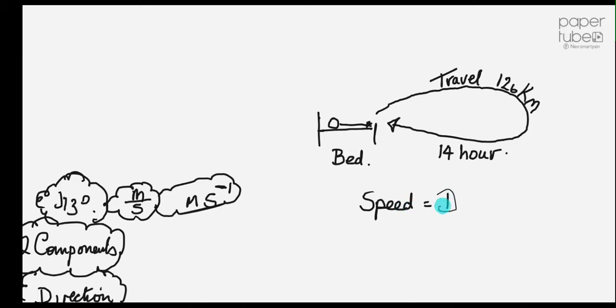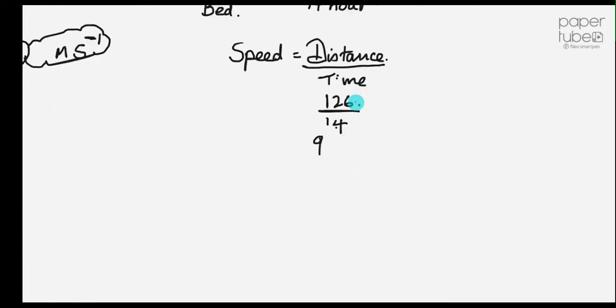We know that speed is distance over time. 126 kilometres per 14 hours, 126 divided by 14 gives me 9. The units are kilometres per hour. So their average speed for the day was 9 kilometres per hour. That doesn't mean they travelled 9 kilometres per hour every hour. Some hours they travelled more, some less. But that was the speed.